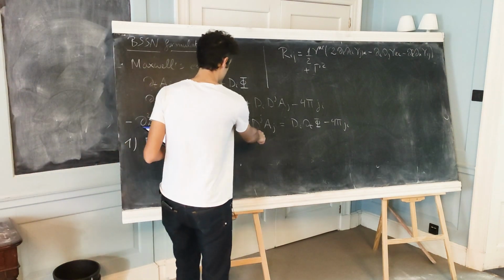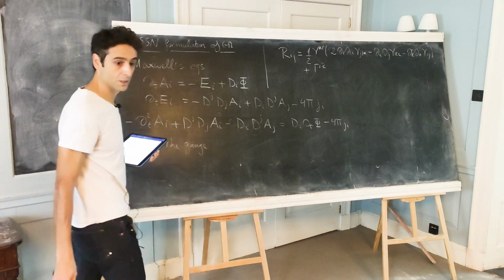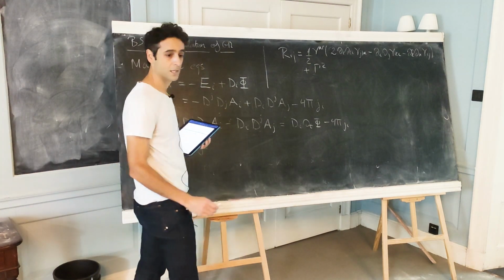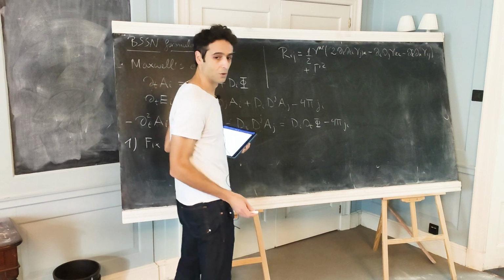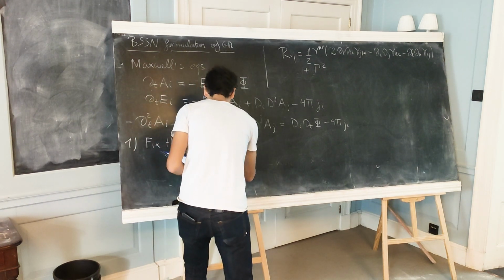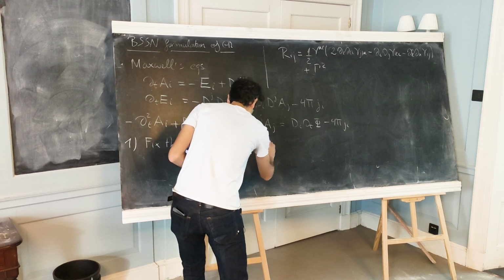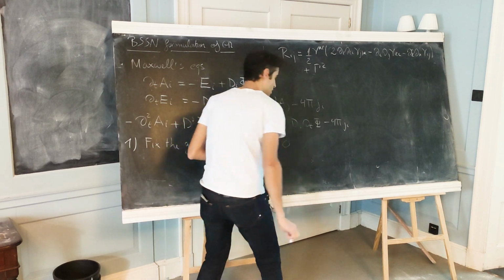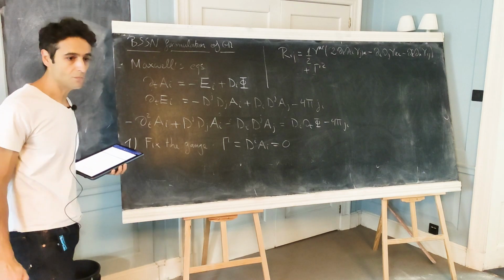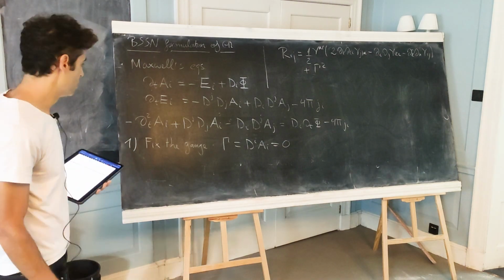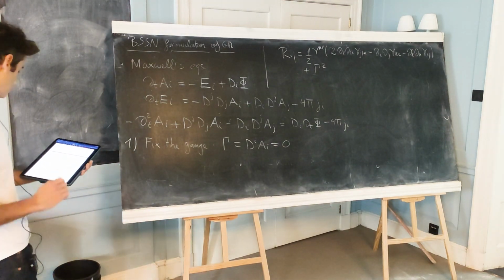If this term is the annoying term, then we set it to 0. We can always do this by a gauge transformation. So we define this variable, and we set this to 0. And that's Coulomb gauge.